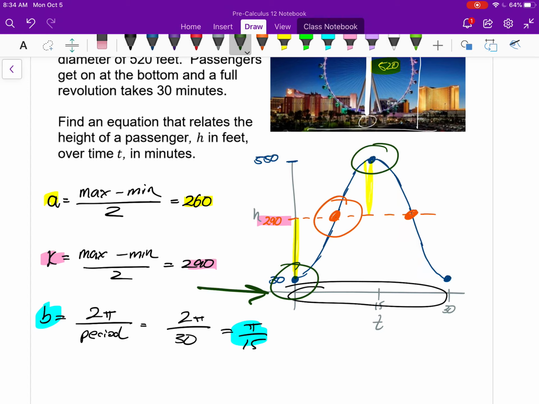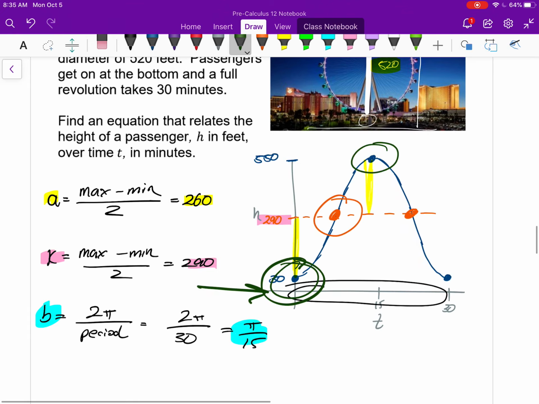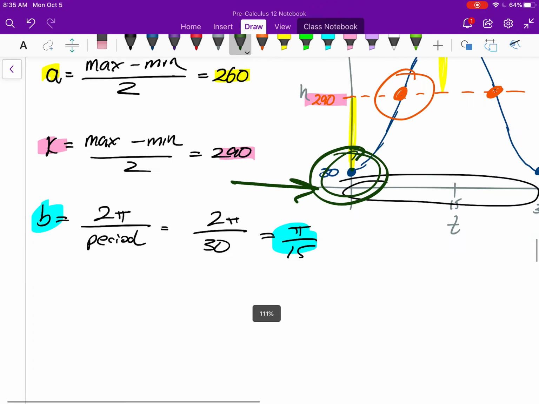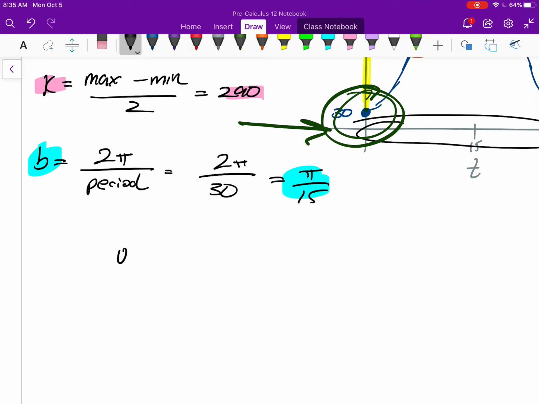Because if I use that minimum right there, then I don't even have to have a phase shift, because it's directly on when x is 0 or when time is 0. If I imagine a cosine wave being flipped vertically, it would start right there if I have no phase shift. So while I have lots of choices, the best choice for this is to use cosine, but make A negative. So make A not positive 260, make A equal negative 260.